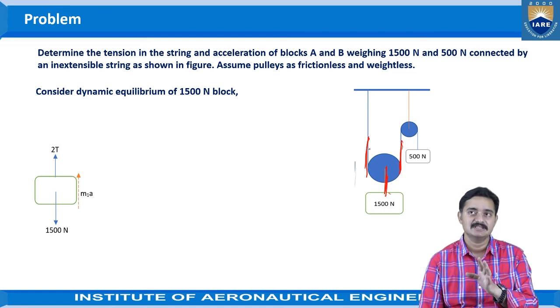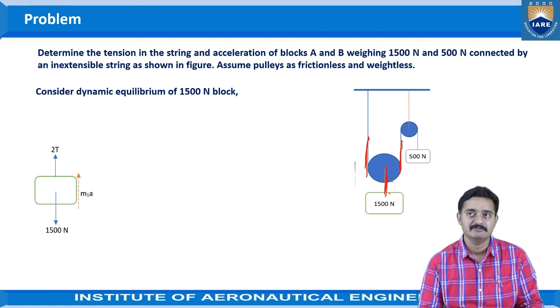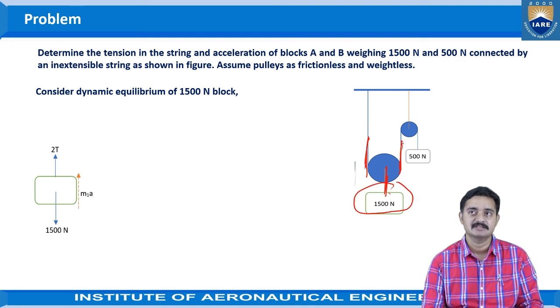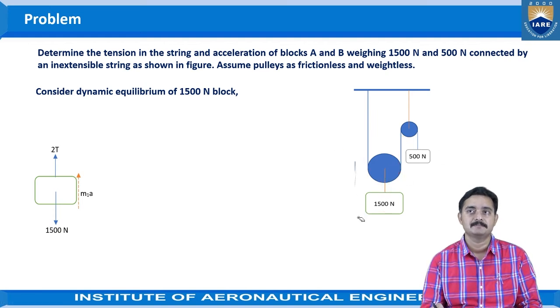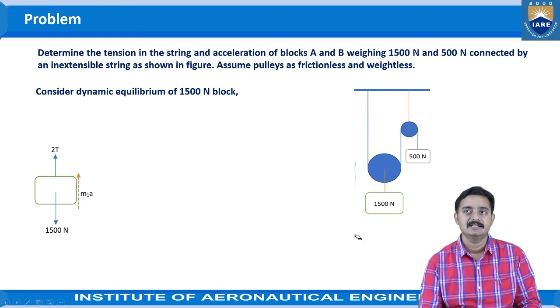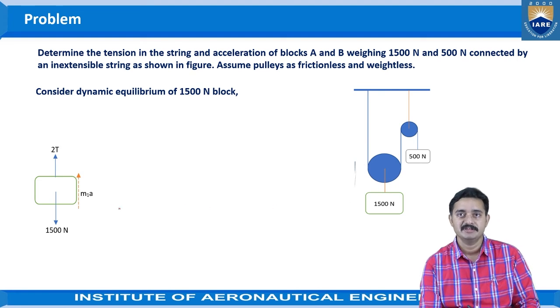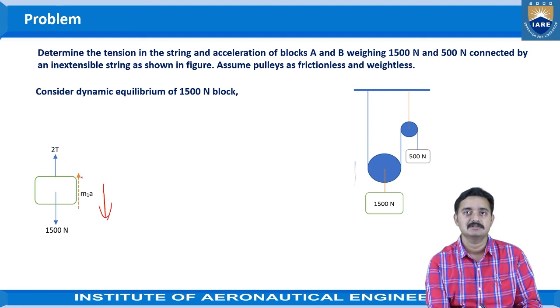But as per the given situation, we can see here that this object is being tied with two strings individually considered. So the tensions would be double. And as we can see, the object is moving downwards. The inertia force is taken in the upward direction.